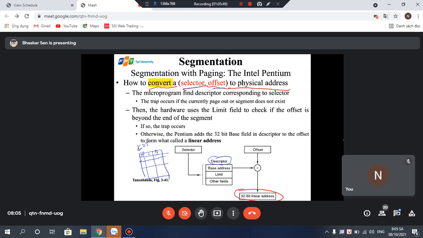And this is the index. Now this index number is coming from the initial 13 bits of the selector.